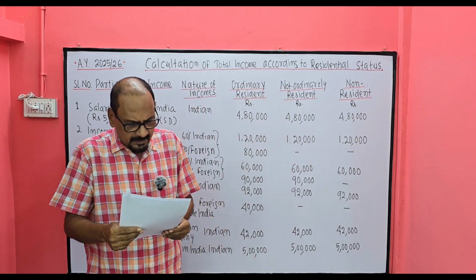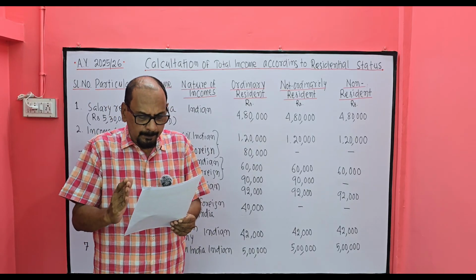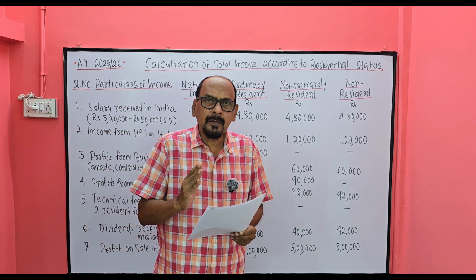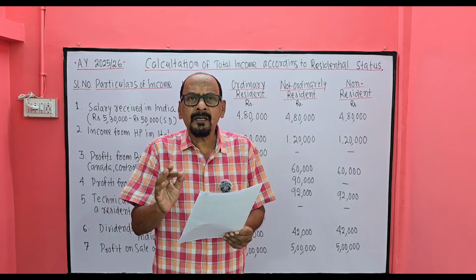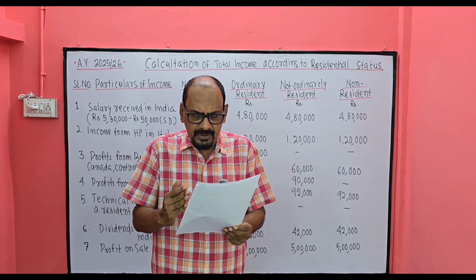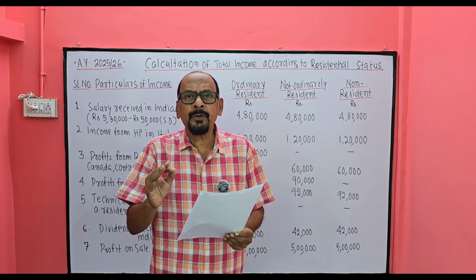The second transaction: income from house property in Italy, 2 lakh, with additional information that 60% is received in India.